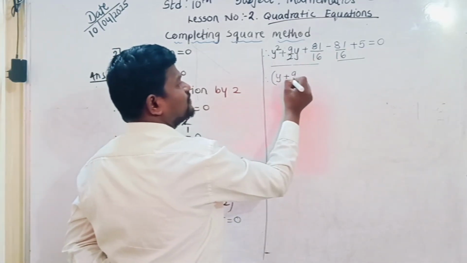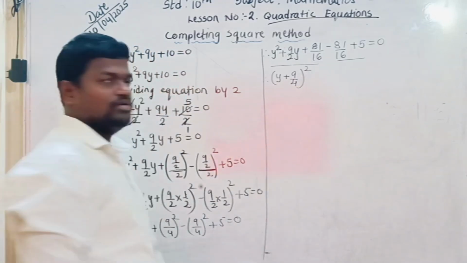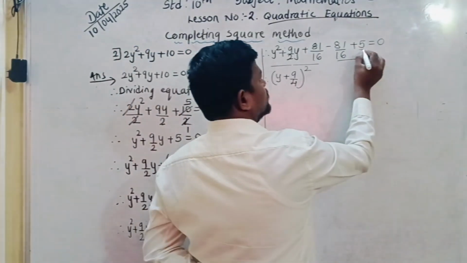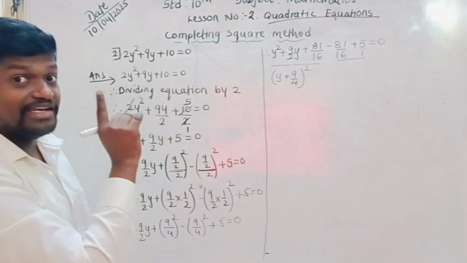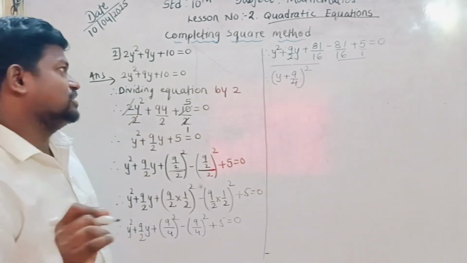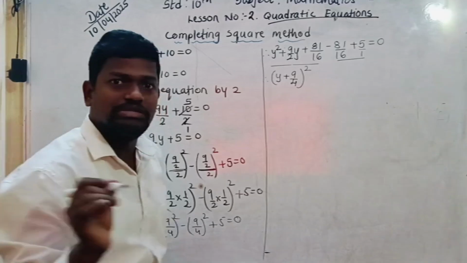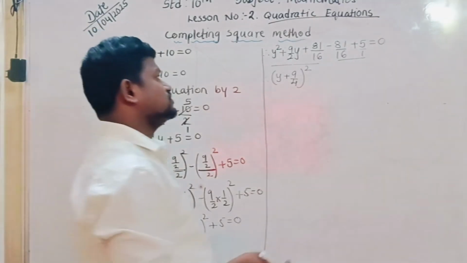So 81 is the square of 9 and 16 is the square of 4. Understood? Then check out here. We have 1 here. So see, the denominator is not equal. For this we use the butterfly method, means cross multiplication.